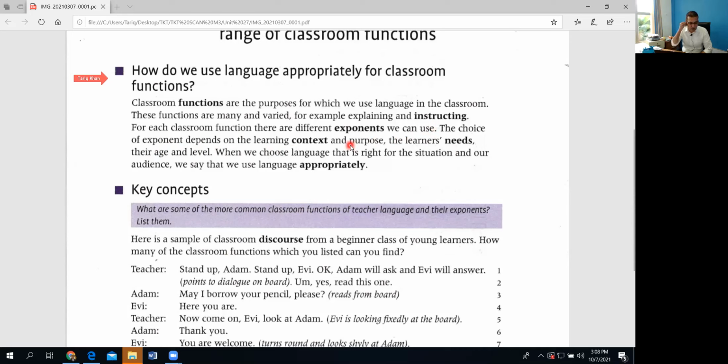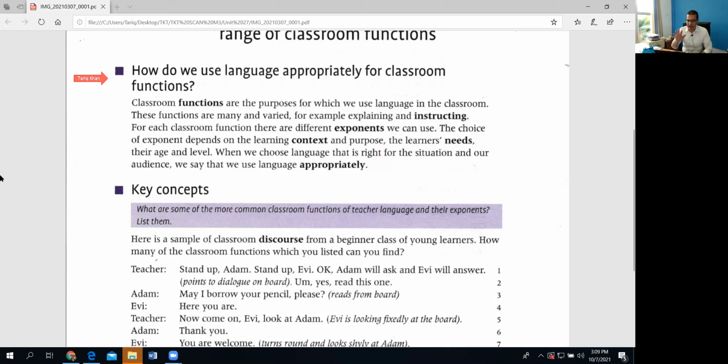Now we use different exponents to express our thoughts, and that depends on the context, the situation, and the purpose of it. And accordingly, learner needs also we have discussed. What is needed for the student? Different students have different needs.